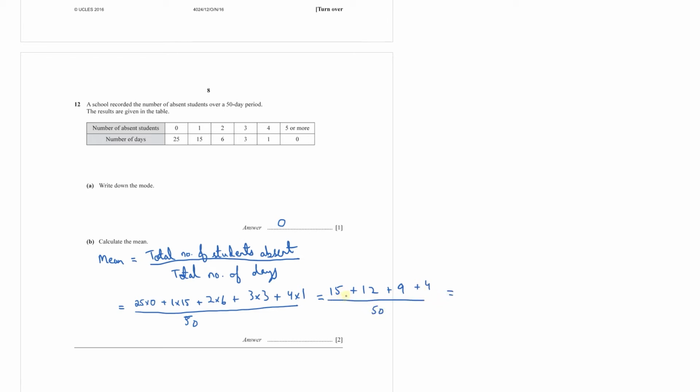If you add these, 15 plus 12 is 27, 27 plus 9 is 36, 36 plus 4 is 40. So 40 over 50 cancels out. So this will be equal to 0.8. So you get 0.8, your final answer.